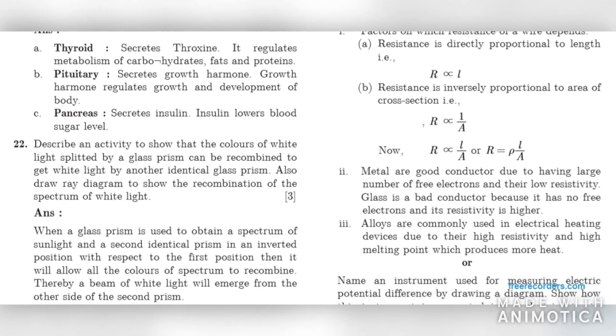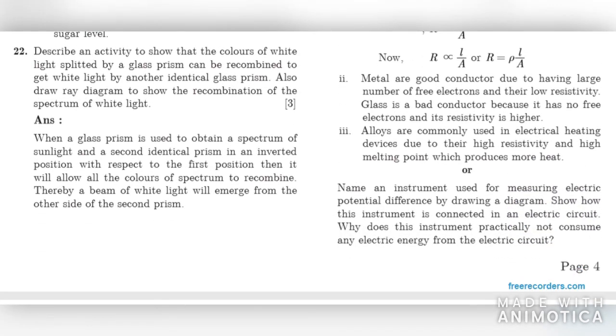Now moving on to the next question. It says: name an instrument used for measuring electric potential difference. By drawing a diagram, show how this instrument is connected in an electric circuit. Why does this instrument practically not consume any electrical energy from the electrical circuit? The instrument used for measuring electric potential difference is the voltmeter. A voltmeter, you know, is an extremely high resistance instrument.